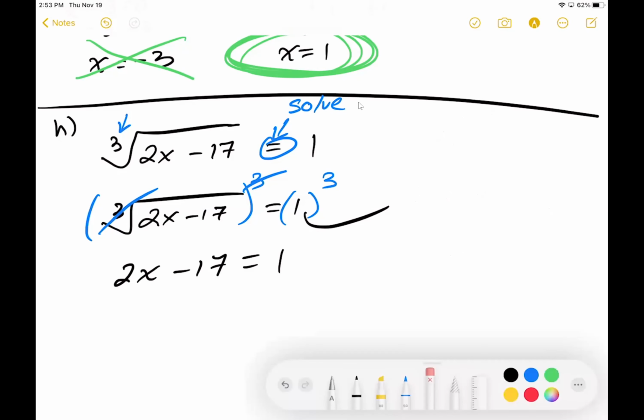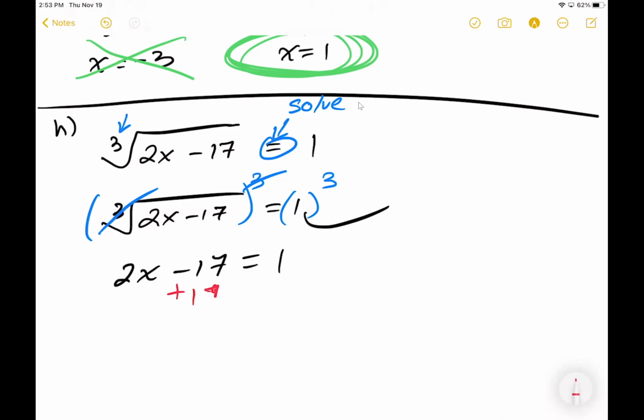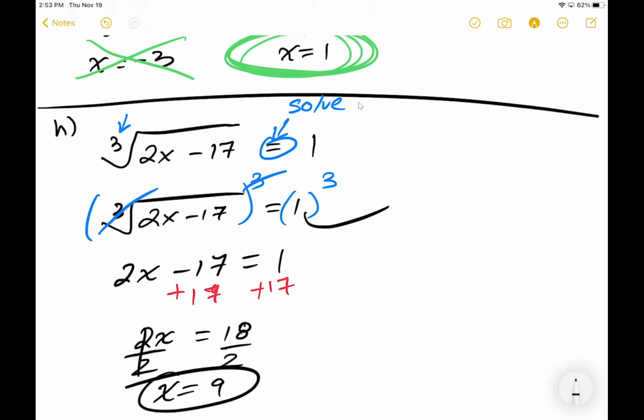Now, what do we do? Well, do you agree that now I add the 17 over? If I add the 17 over, I have 2x equal to 18, divided by 2, x is equal to 9. And you say, wait a minute, Mr. Tran, why don't we check?